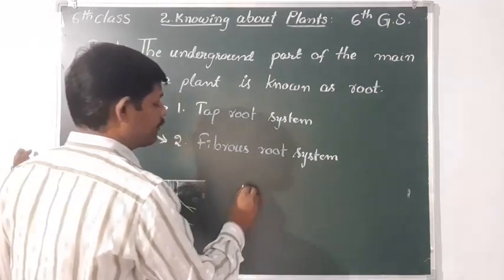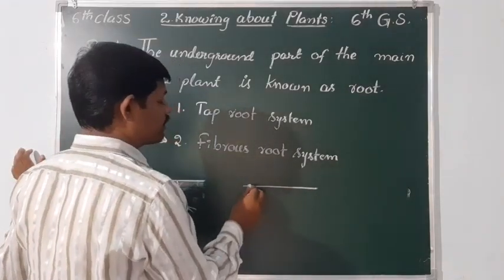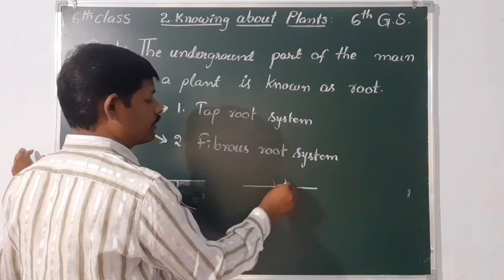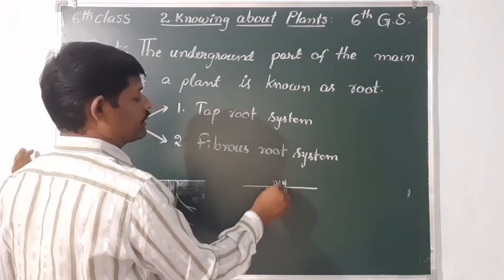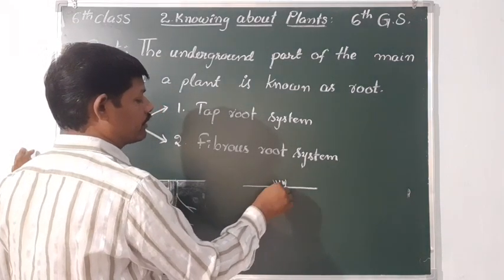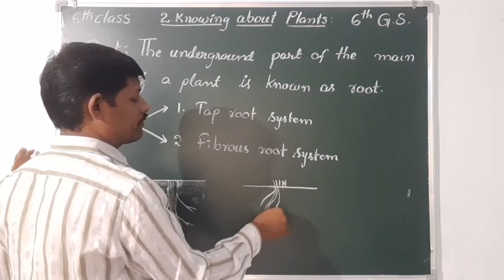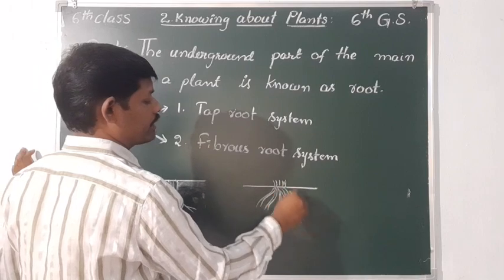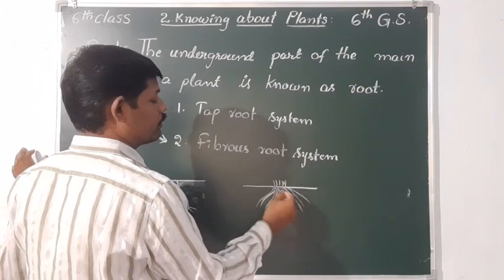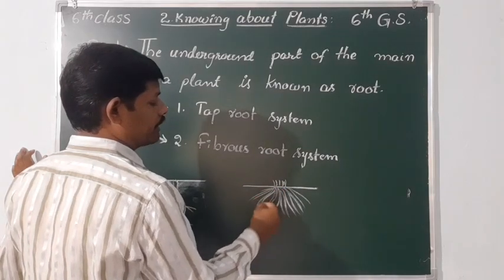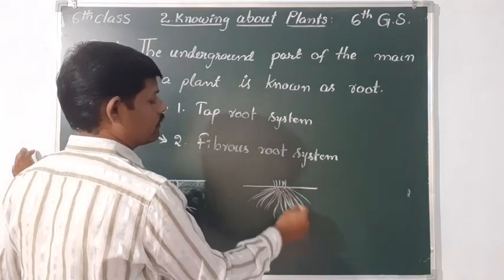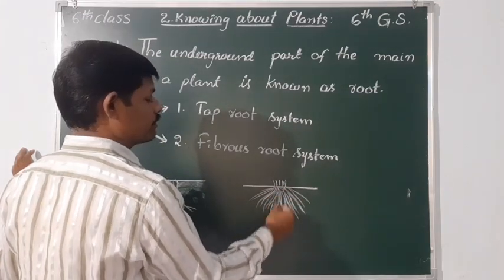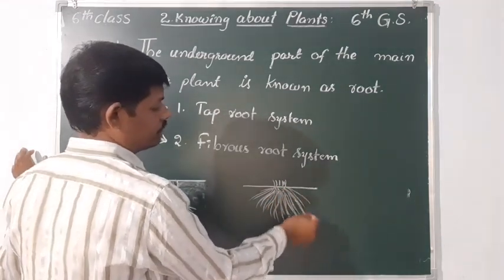And what about the fibrous root system? For example, this is the stem of the grass plant. From here we observe different clusters of fibers, all the same size. There is no tap root or main root in this system. This is the fibrous root system.